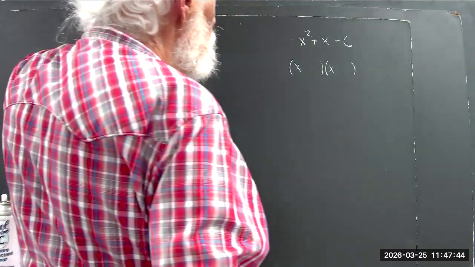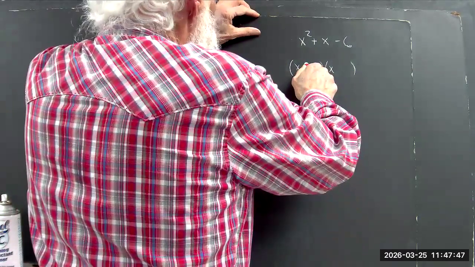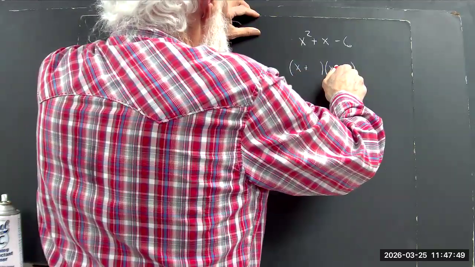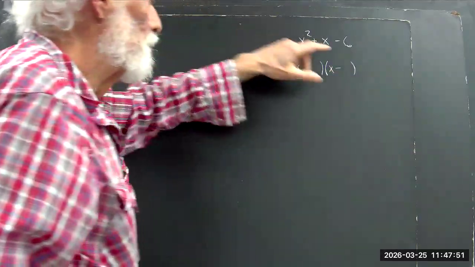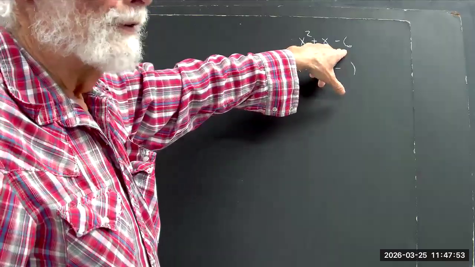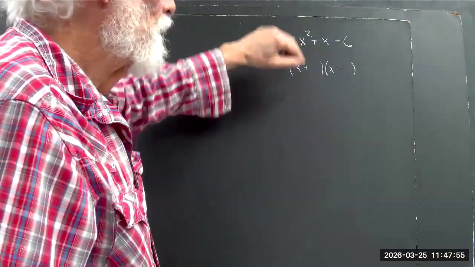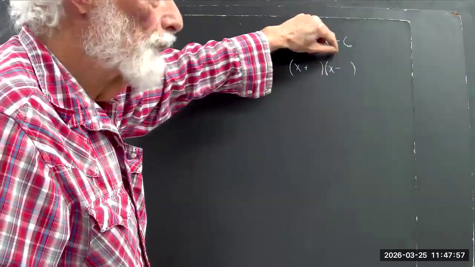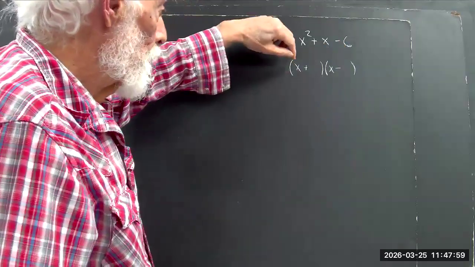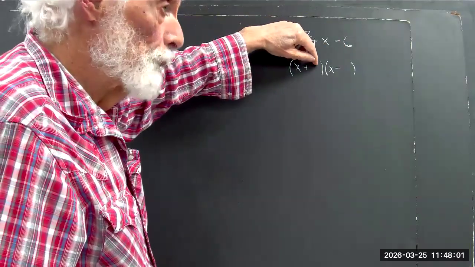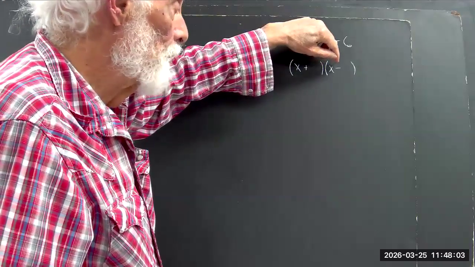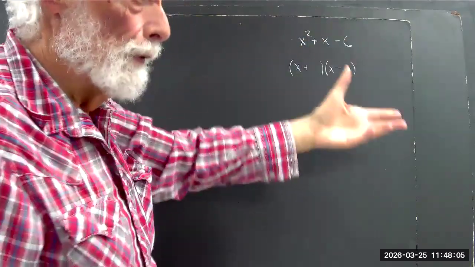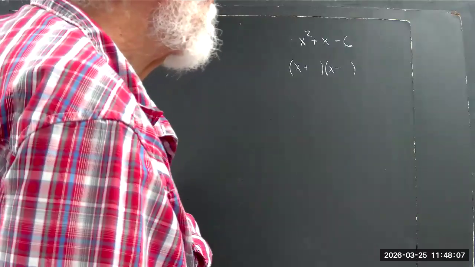And I guess what we're going to do is put a plus in one of them and a minus in another, because we got a minus 6 here. So the two numbers that we use have to multiply out to give us negative 6. So it's going to be x plus one of those numbers times x minus the other one. We have to figure out which number is which.